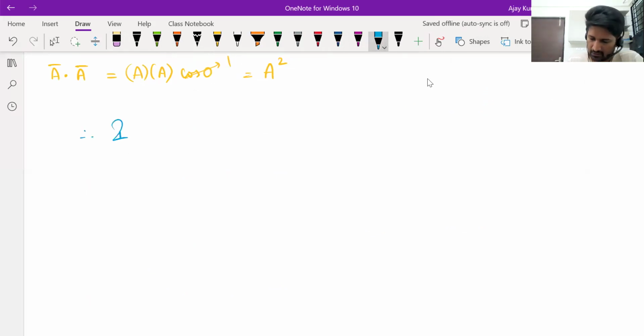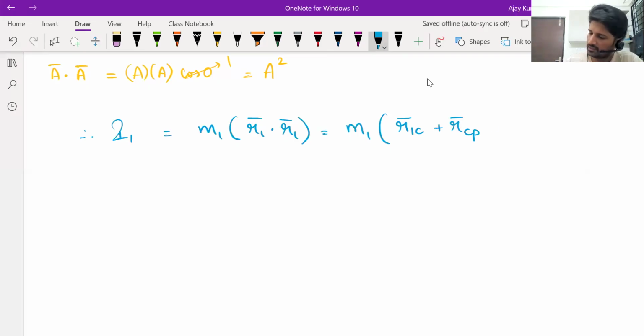Therefore, the moment of inertia of the first particle, which is m1 into r1 dot r1, can now be expressed as m1 times r1c plus rcp, again dot r1c plus rcp, that is, position of 1 with respect to the center, plus position of the center with respect to the other axis about which we want the moment of inertia.